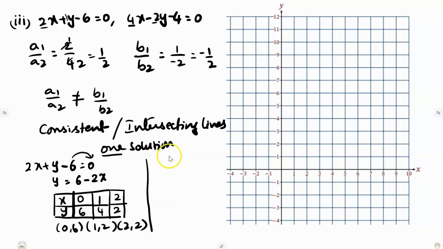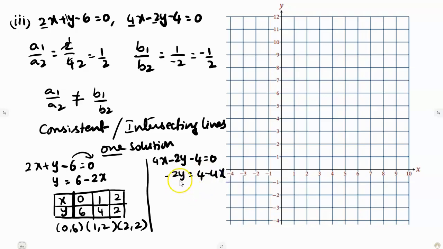Okay. Now taking the second equation. The second equation is 4x minus 2y minus 4 equal to 0, right? Instead of taking it like this, I'll send this 4 to the other side: minus 2y is equal to positive 4 minus 4x.